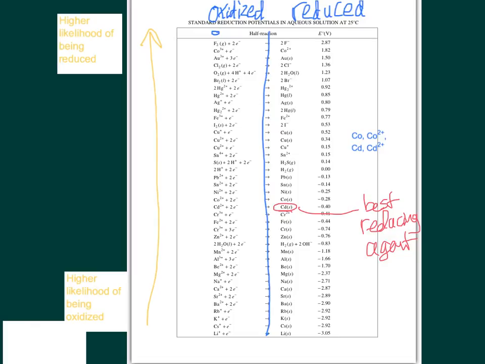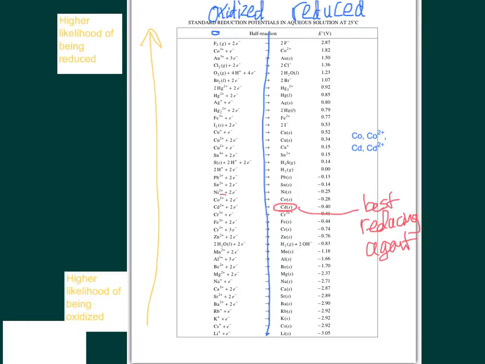The best oxidizing agent, therefore, is going to be something that's most likely to be reduced. Well, higher likelihood of being reduced as you move your way up the table. So the cadmium reaction is now out, and we're looking at the cobalt. And in order to be reduced, you have to also be on the oxidized side, heading on the left side, heading towards the reduction.